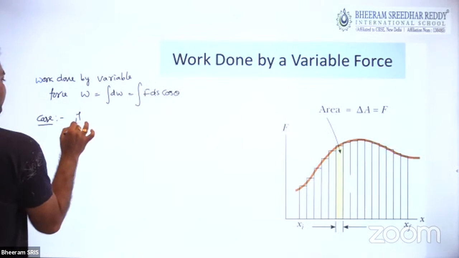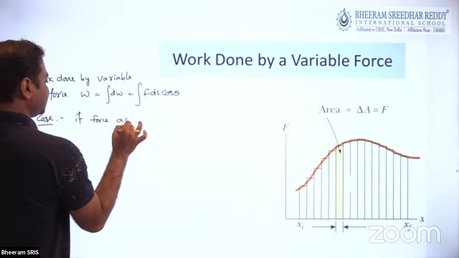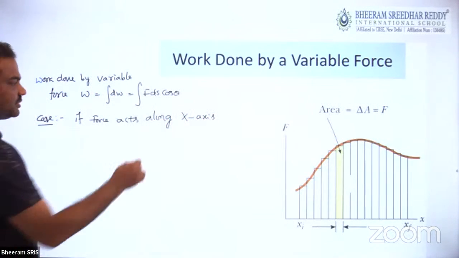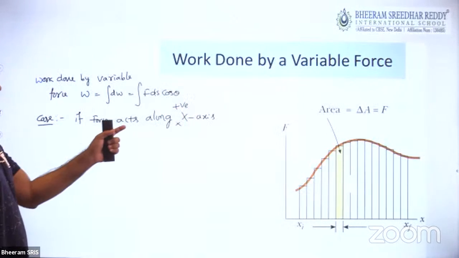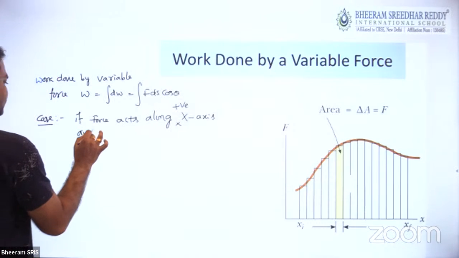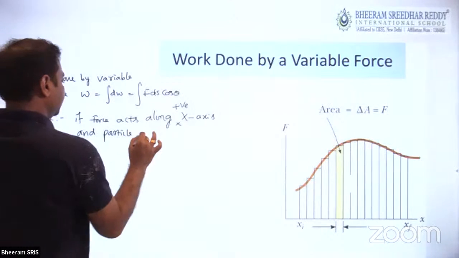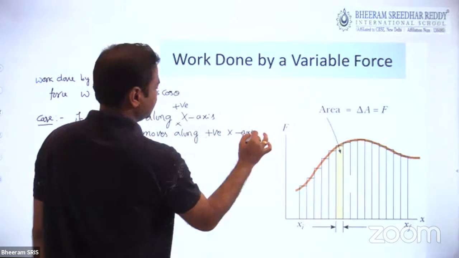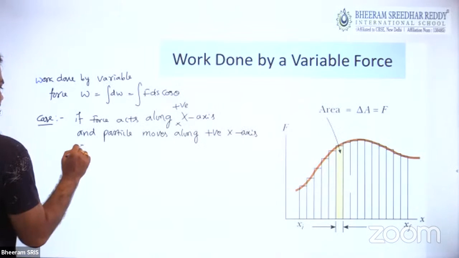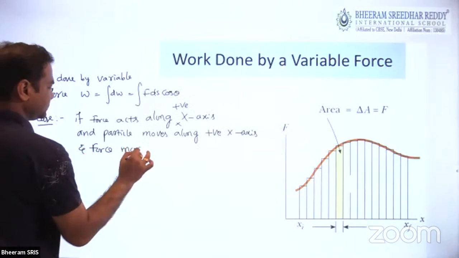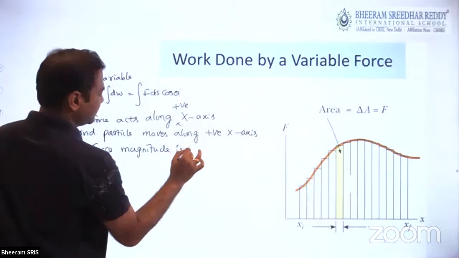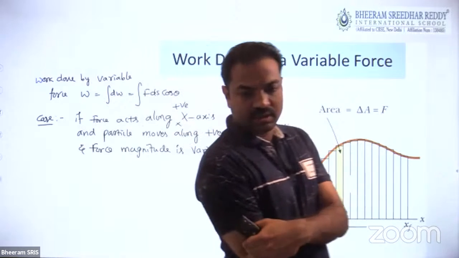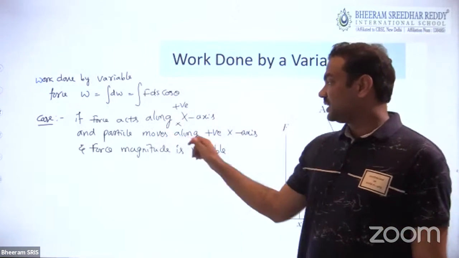If force acts along the positive x-axis, and the particle moves along the positive x-axis, and the force magnitude is variable, then how do we write it? The force magnitude is varying, but the force direction is along the positive x-axis, and the particle is also moving along the positive x-axis.